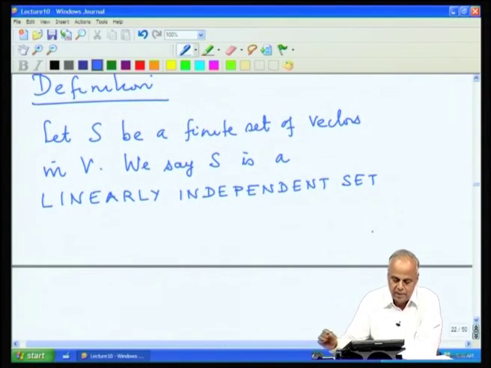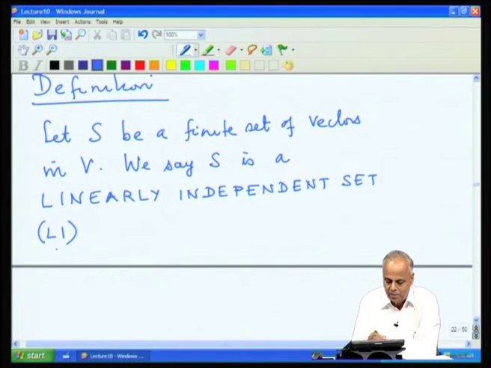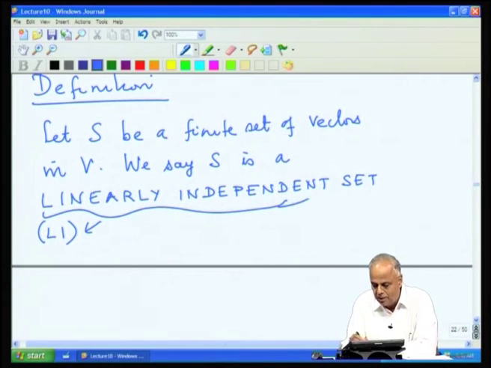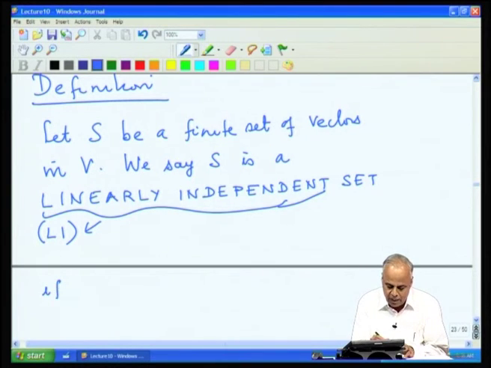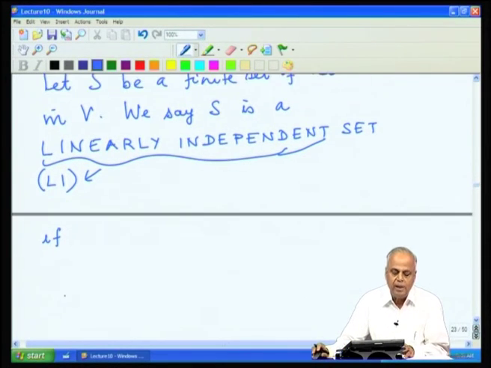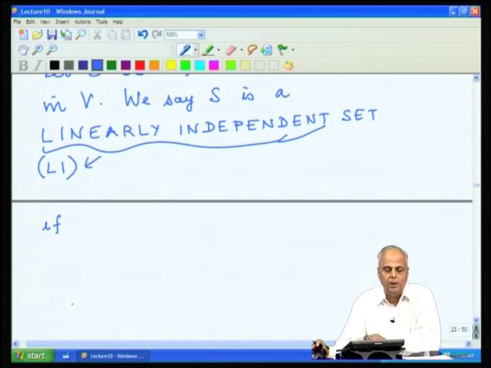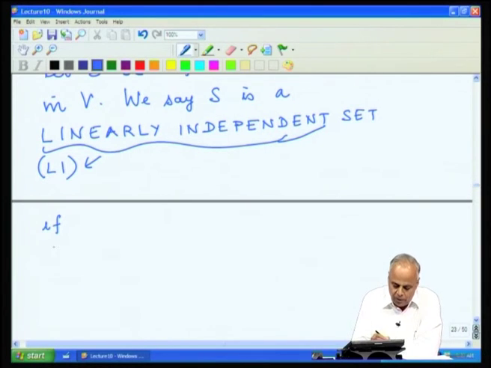From now on, we will simply write LI for linearly independent set. So, from now on LI means linearly independent. So, we say S is a linearly independent set if the trivial linear combination is the only one that will give 0 vector. What does that mean?